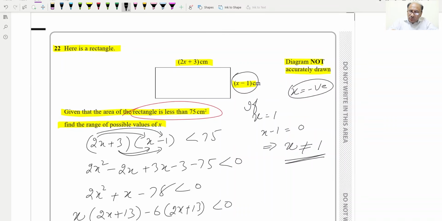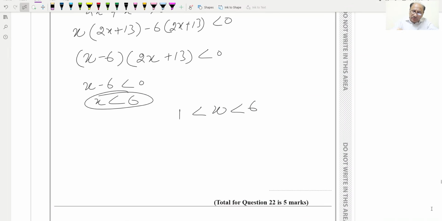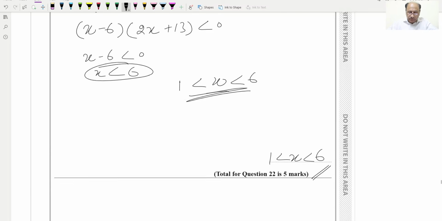Because otherwise your area, this length, will be negative, and length cannot be negative. We can ignore this and this, and our answer will be this possible range which we have provided: x is greater than 1 and less than 6. This will be the 5-mark question which we have done.